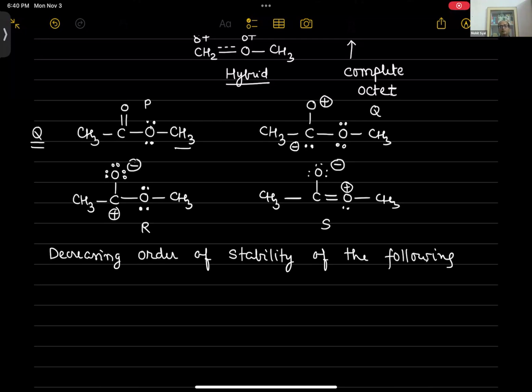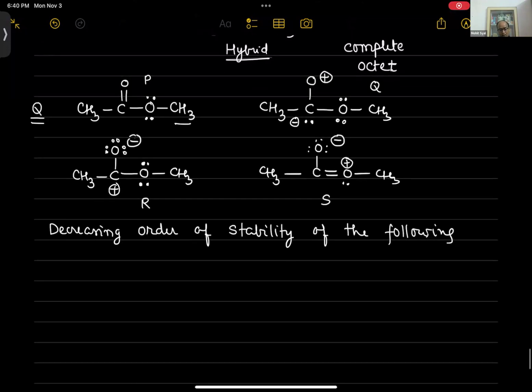Agreed or not? So these are the resonance structures, but some are highly unstable and some are very stable. The first structure is the normal one, actually. No, not the first structure; the hybrid will be the mixed form of all these structures. But there are some structures which will not exist.